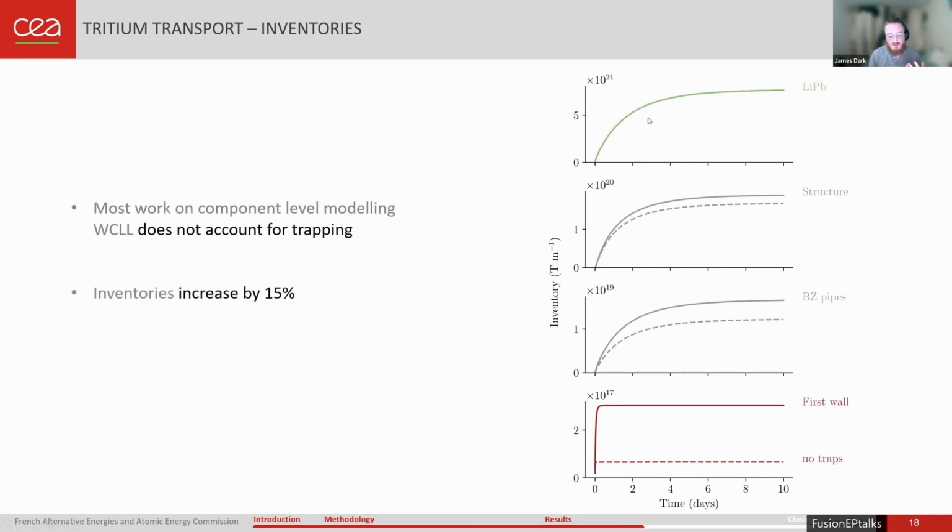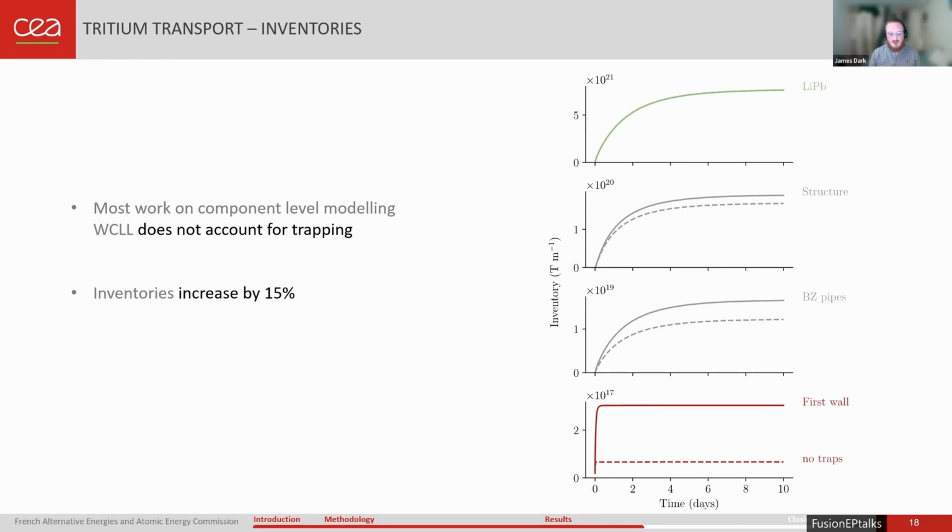And then most importantly, when we look at inventories in our structure, we see that including trapping mechanisms is vital, because our inventories increase by about 15% on average.